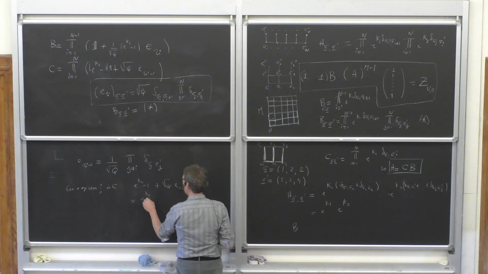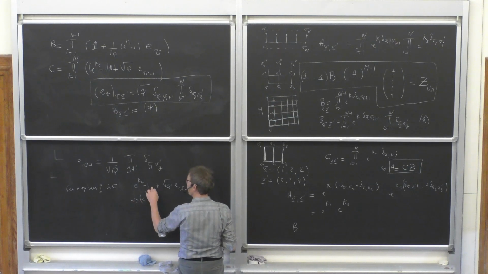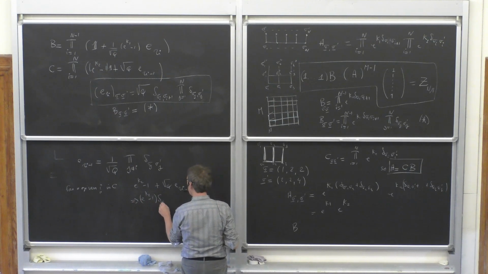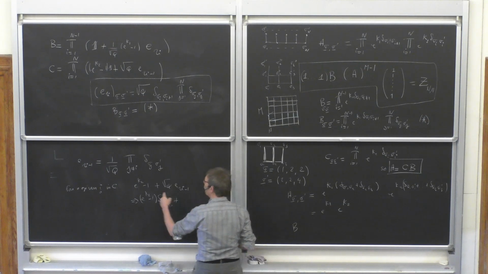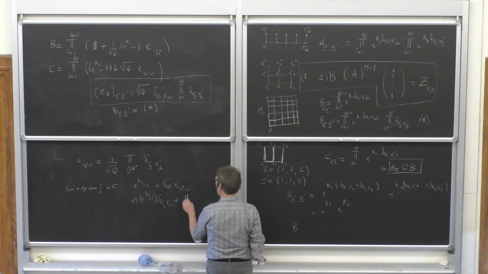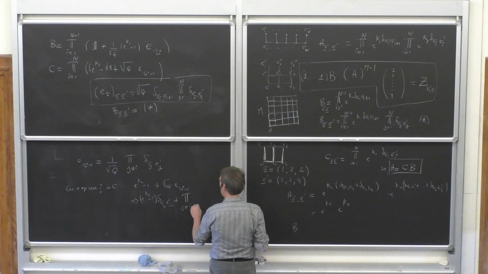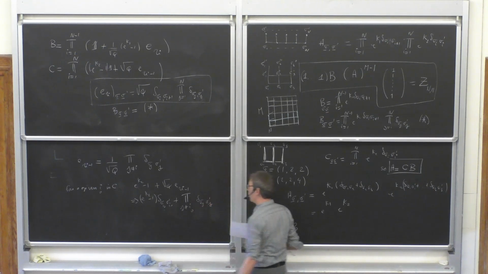E to the k2 minus 1, that's the identity, so it's delta sigma I0 sigma prime I0 plus square root of q times 1 over square root of q product for j not equal to I0 of delta sigma j sigma prime j.